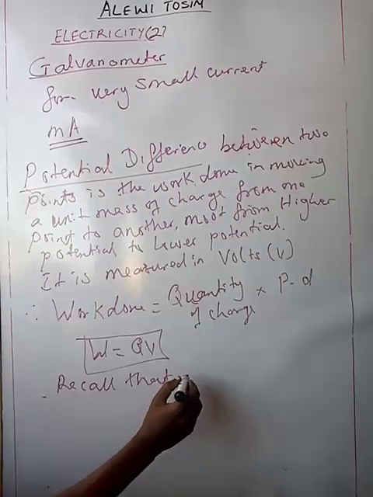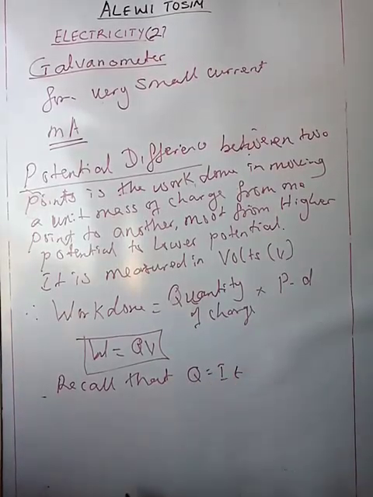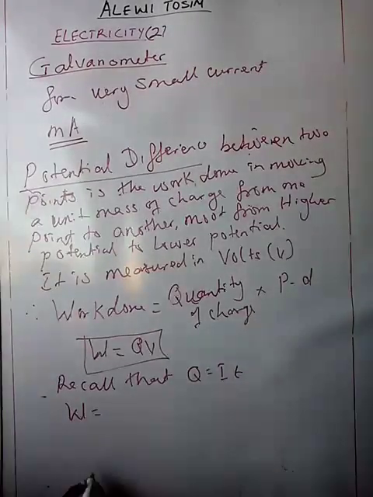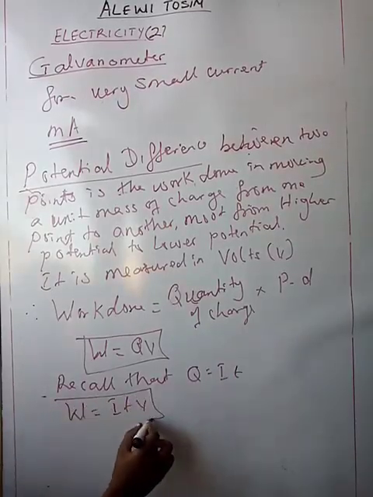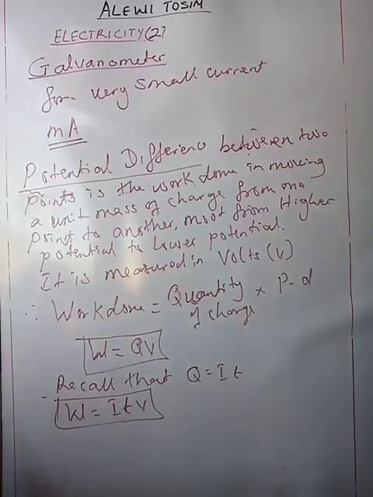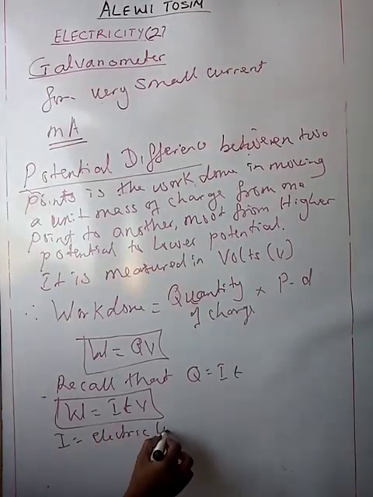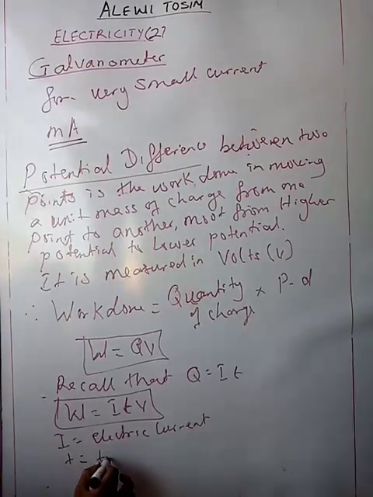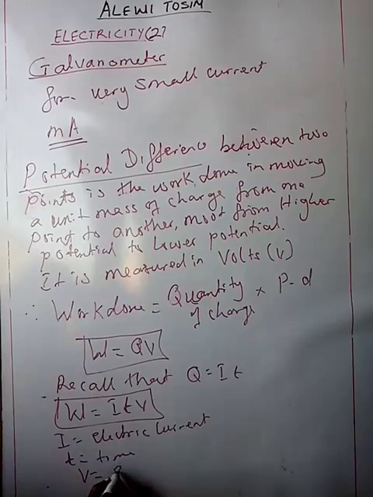Now, we can recall that Q, we said in our last class, that Q is equal to IT, which means we can say that work done is equal to ITV, where our I is the electric current, our T is the time, while the V is the potential difference.